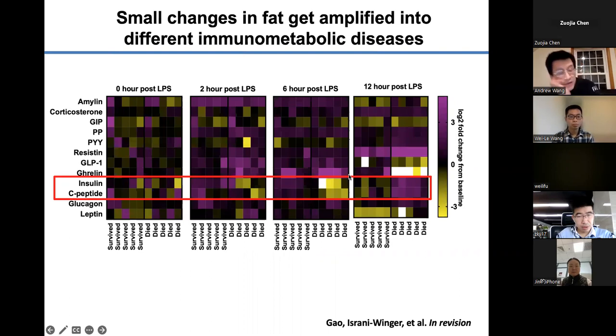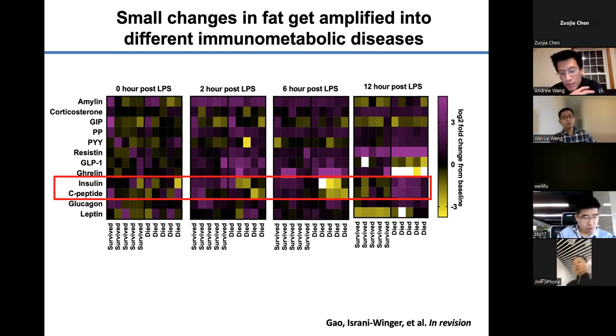So because the phenotype was composition of fat, we looked at all of the types of hormones that could control fat, in terms of loss of fat or making more fat, so lipolysis or lipogenesis. We did this screen looking at all of these different hormones.